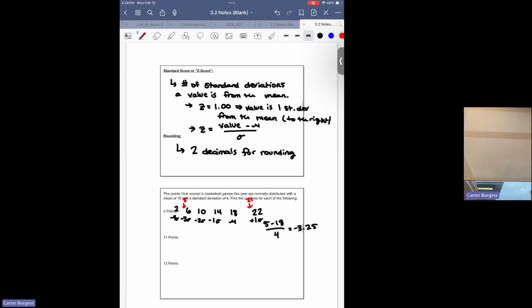So we have 0 full standard deviations and 3/4 of a full standard deviation to the right. That z-score should be 0.75. And when we do that calculation, 21 minus 18 divided by 4, you in fact do get positive 0.75.